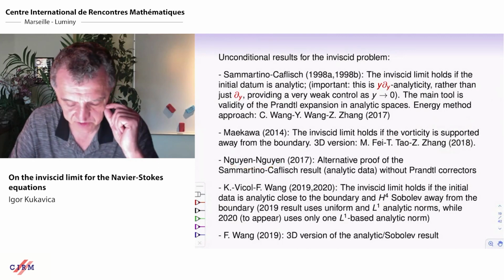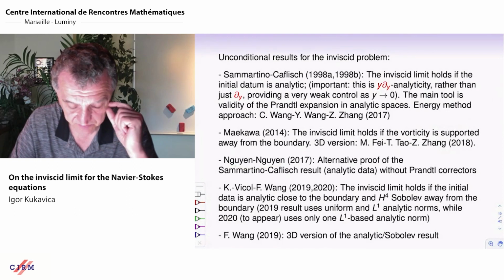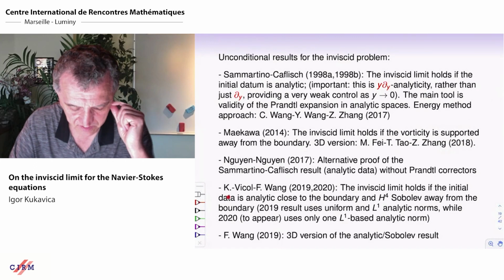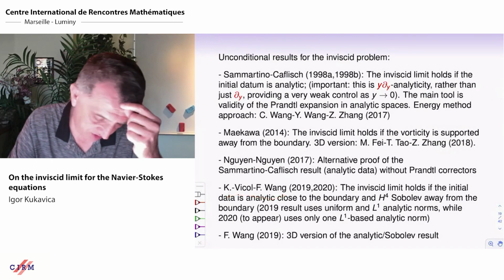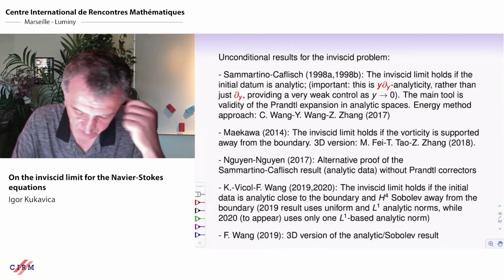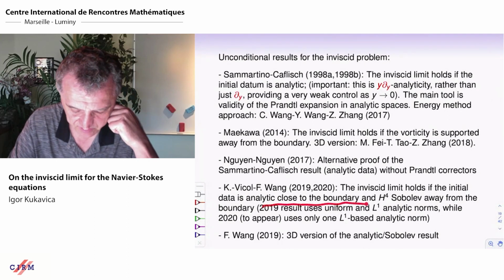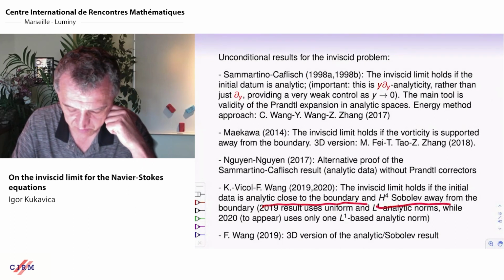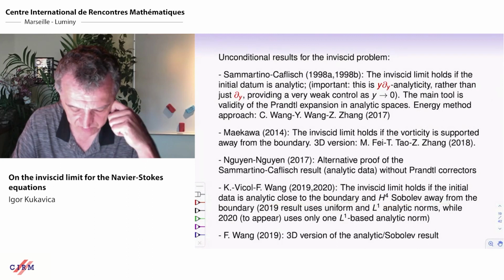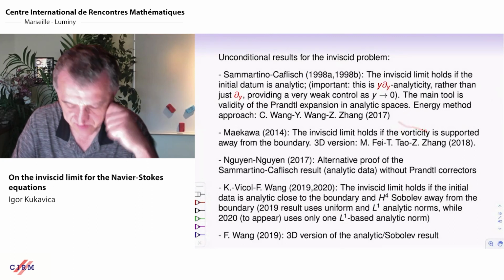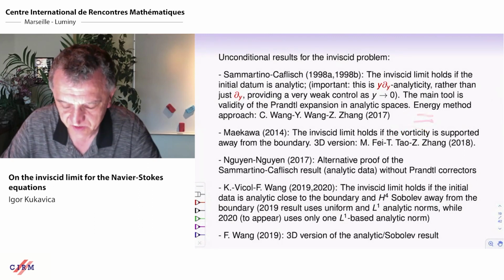Guo and Nguyen found an alternative proof of the Sammartino-Caflisch result without Prandtl correctors. And our joint work with Vicol and Wang is that the Inviscid limit holds if the initial data is analytic close to the boundary and H4 Sobolev away from the boundary. So this generalizes these two results because if the vorticity is 0 close to the boundary, then it's also analytic.